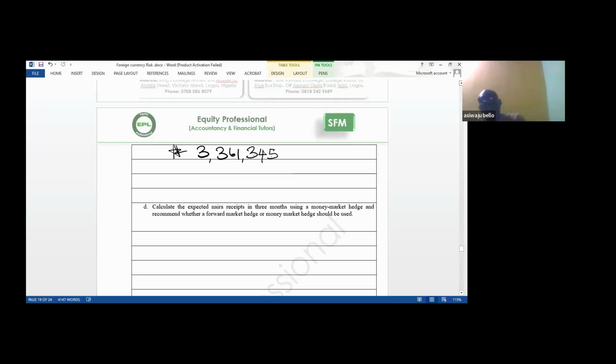How do we go about this? For money market hedging, you have like 4 steps or 5 steps. Let's go to this.